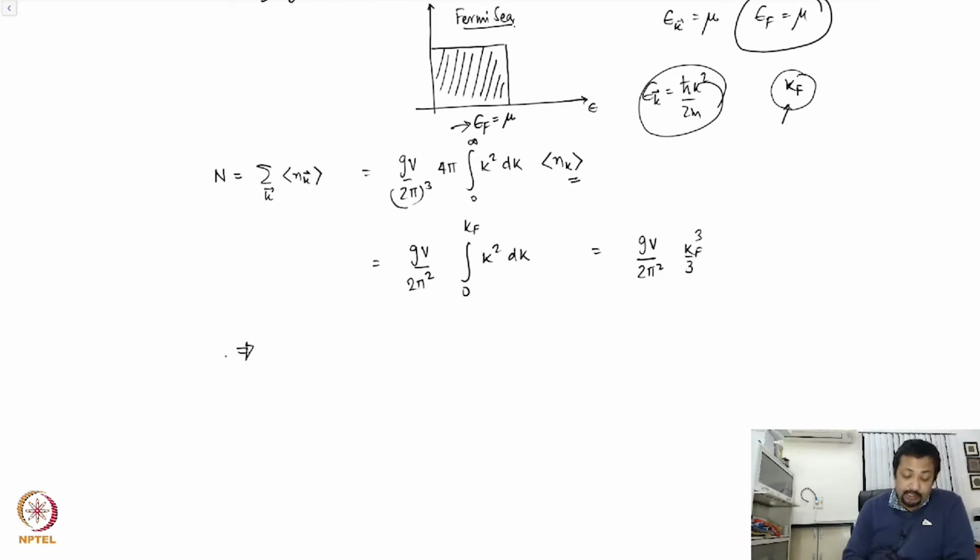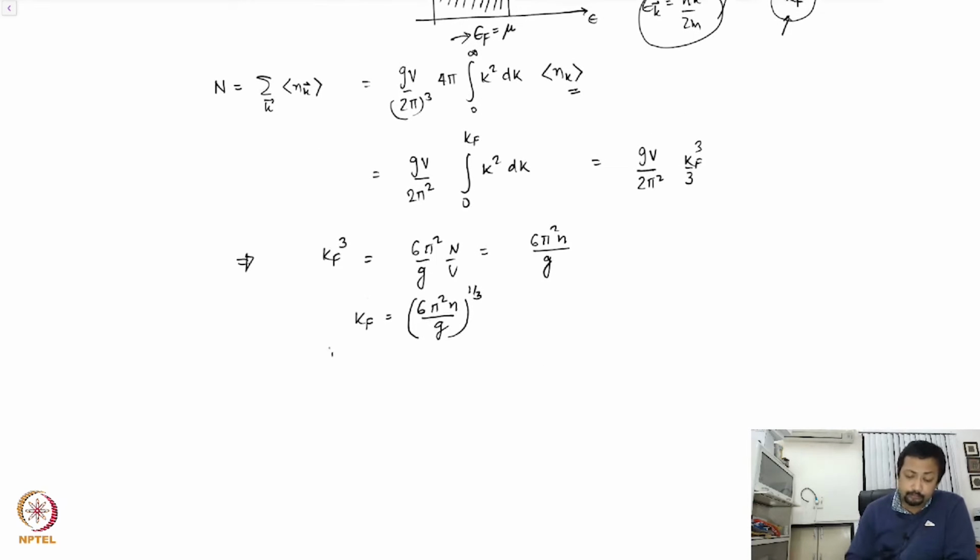You immediately see that this implies that k_F cubed is 6 pi squared over g times N over V, which is 6 pi squared, the number density n, divided by g, so that k_F is (6 pi squared n over g) raised to the power 1/3. So this defines my Fermi wave vector.